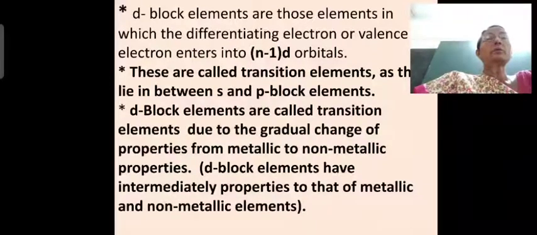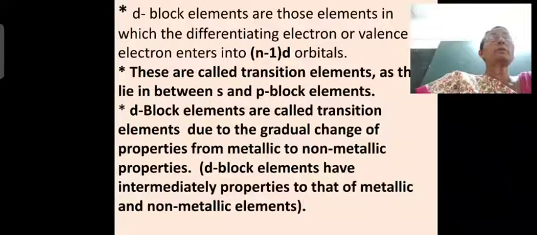These are also called transition elements. Why are they called transition elements? Because there is a gradual change in properties from metallic to non-metallic. Okay, so in these d block elements most of them are metals, and when you go to p block, most of them are non-metals.